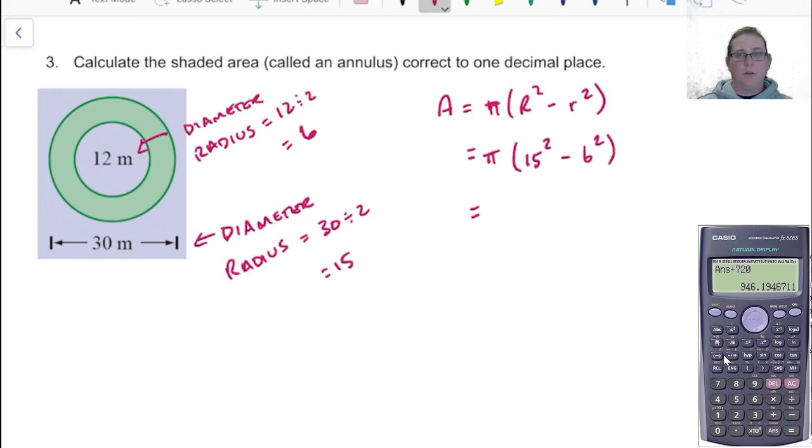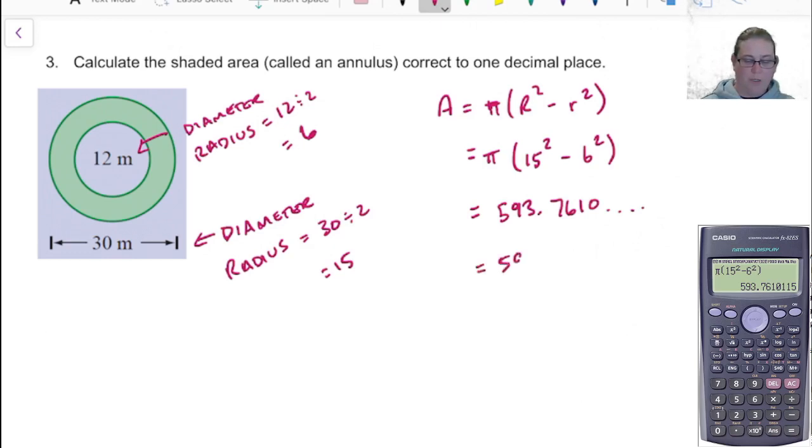So I'm just going to go Shift Pi, and then open up a bracket, go 15 squared minus 6 squared, close my bracket off and hit equals. I'm getting that standard form again, so I just change it to my decimal form. I now have 593.7610. Continuing on, 1 decimal place is what we're after.